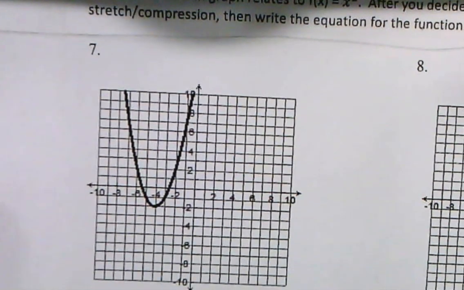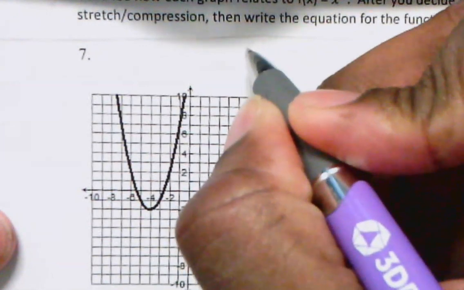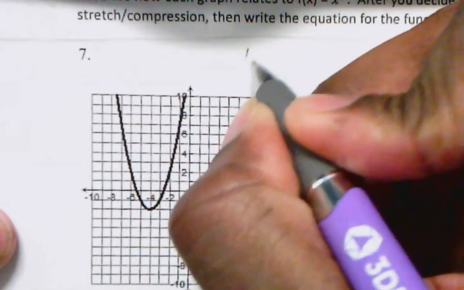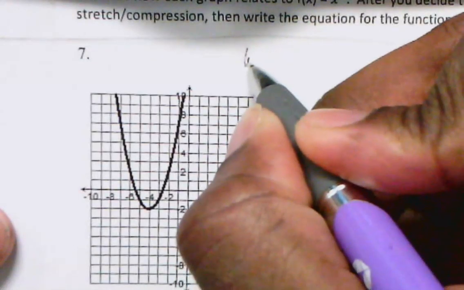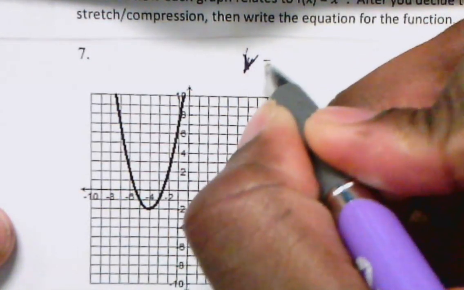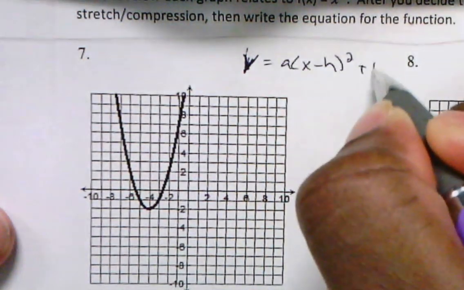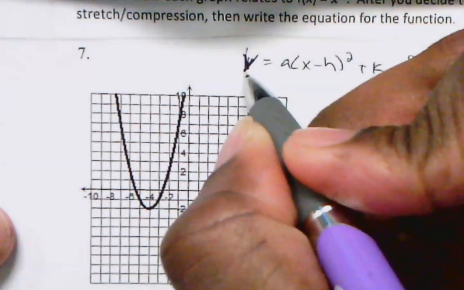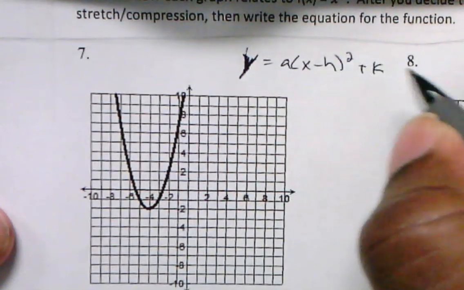If I want to write that equation, how it relates, we're going to write it in the vertex form of a parabola. And the vertex form looks like this. y equals a(x subtract h) squared plus k. Or f of x equals, either way. It could be y equals or f of x equals.